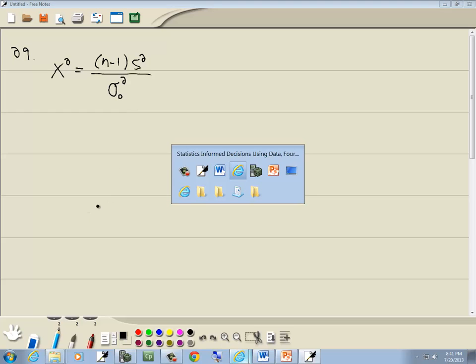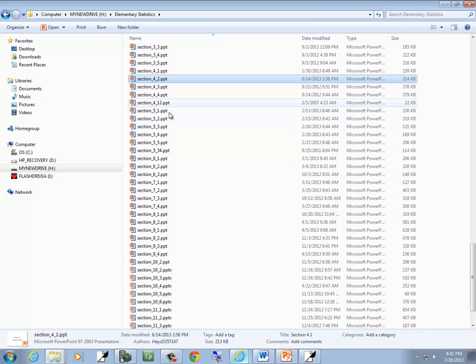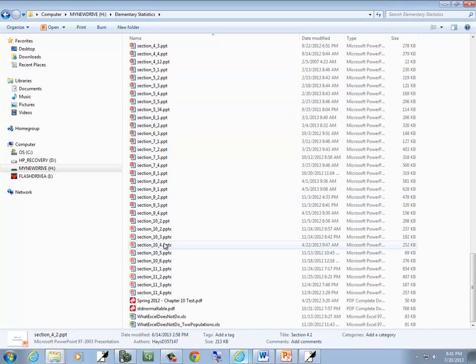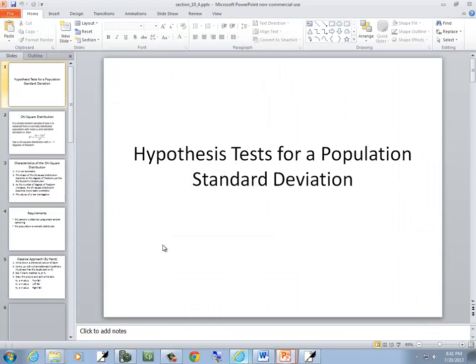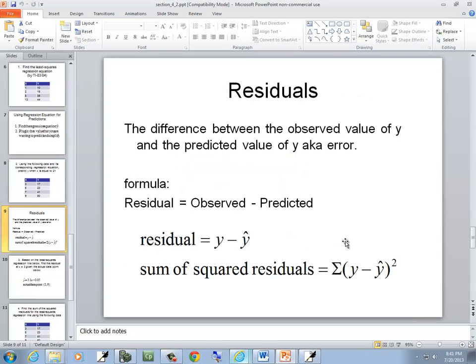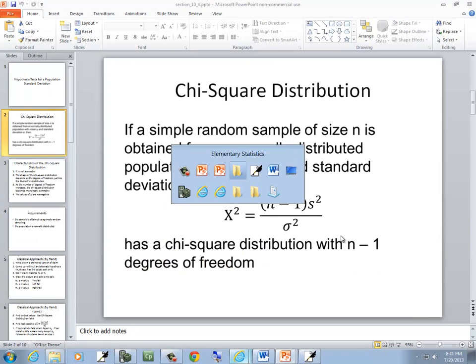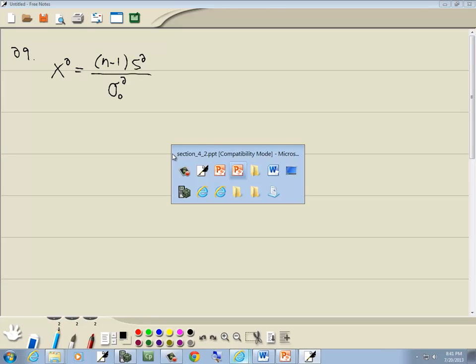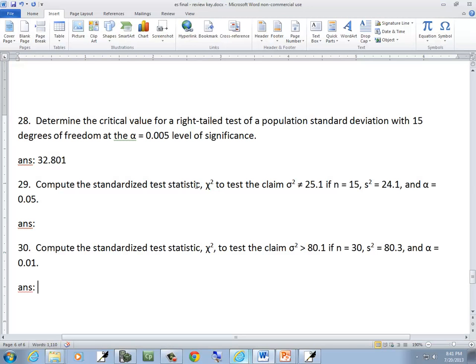Double check myself. This would have been 10.4. Yep, that's right. Oops.